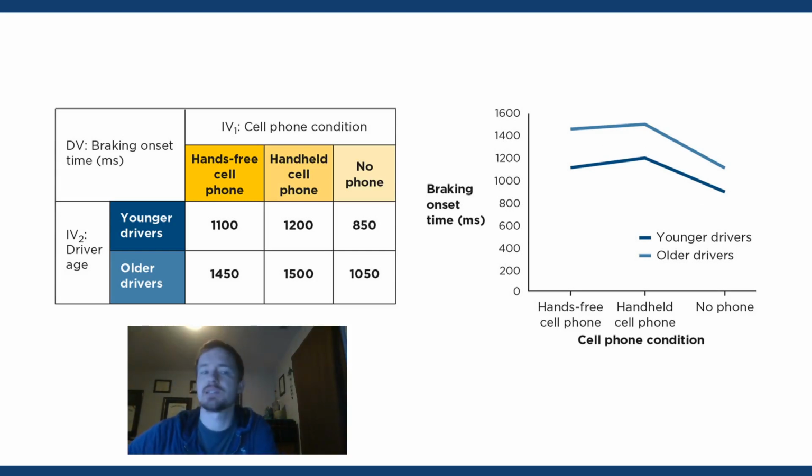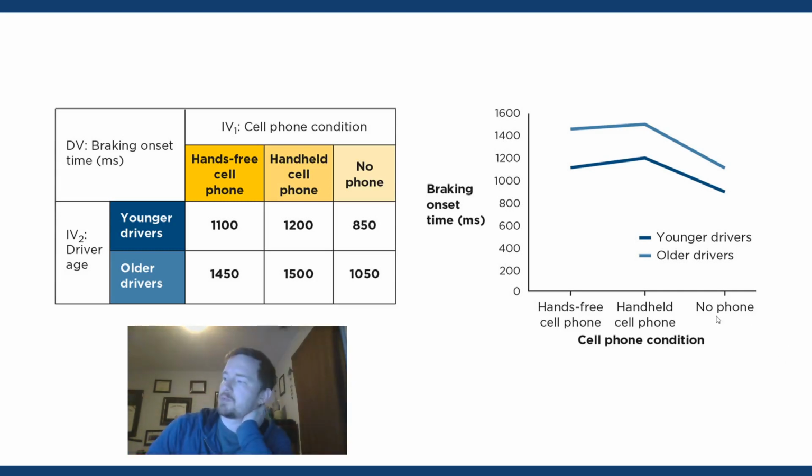But again, that's not the only story. The story is now a little bit more complicated. So if we look at, for example, no phone, what is it that we see? We see a difference. Cool. But if we were to look at hands-free, what do we see? Again, we see slower reaction times than whenever they are on no phone.